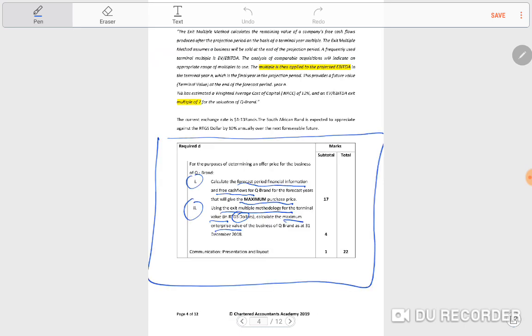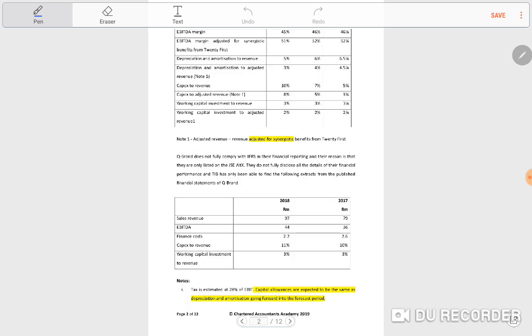So if we move on to our solution, the purpose of this video is to help us to come up with the solution, not to discuss the figures per se. So if I go back to the required, we're given the forecast information. We have sales revenue, we have EBITDA, we have finance cost, we have capex, we have working capital.